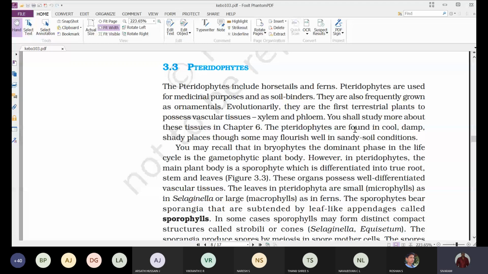And we'll discuss xylem and phloem while we are discussing the anatomy of flowering plants. Already you might have known some information related to xylem and phloem in the text. The xylem is involved in the transportation of water and minerals from roots to the upper parts of the plant body, whereas the phloem is involved in the transportation of organic material from leaves to different parts of the plant body, because the leaves are the sites of photosynthesis where food material is synthesized.